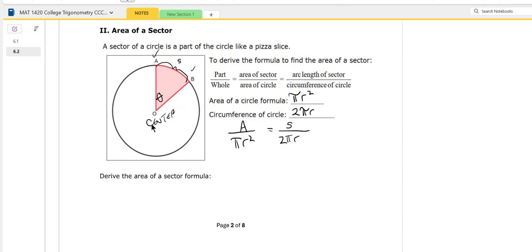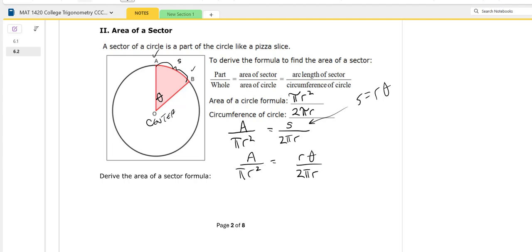So again, what I'm doing is I'm relating the area of the piece to the whole area of the circle. I'm then relating the arc length to the distance all the way around the circle. So I've got A over pi r squared. Now remember, S is equal to r theta. So I'm going to replace that and write this part of the proportion as r theta over 2 pi r.